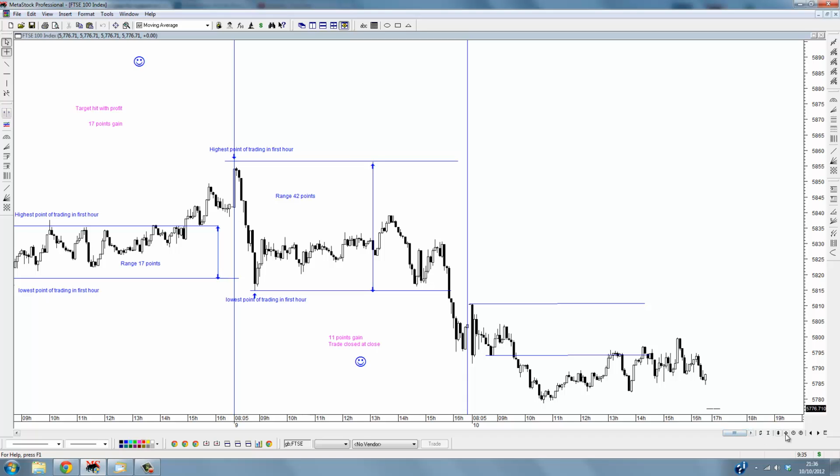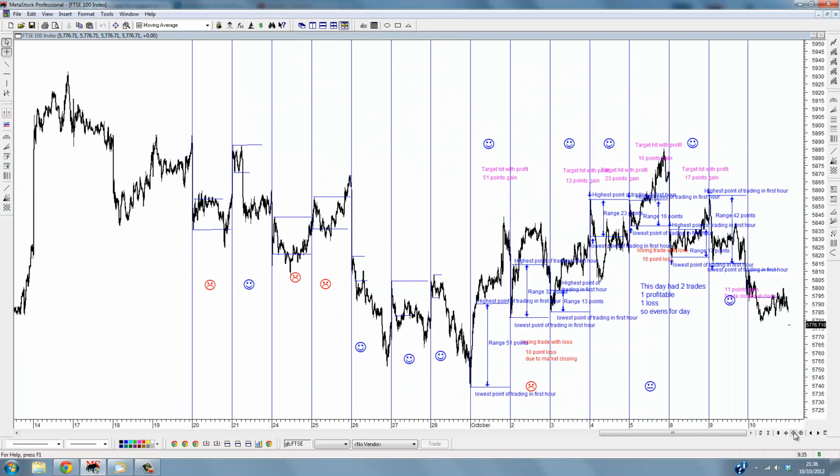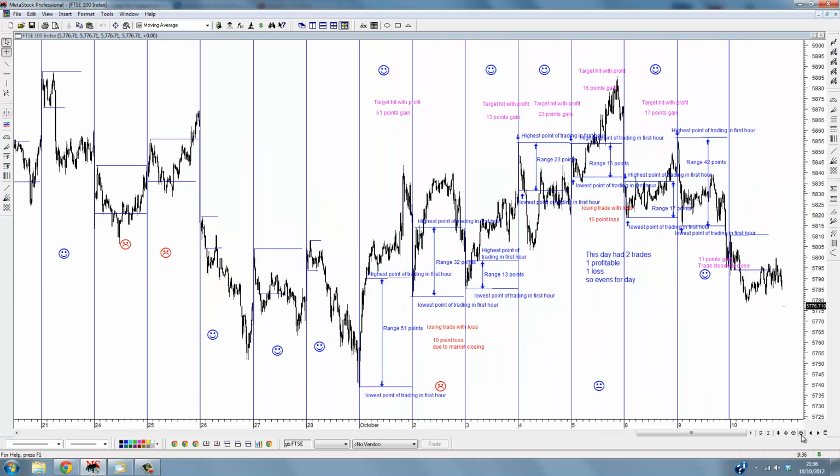Anyway, I'll zoom out. This is from the 20th of September to the 10th of October. That's fairly recent. The smiley faces are the days where I actually made money. The ones with the sad faces are the days that I lost money.